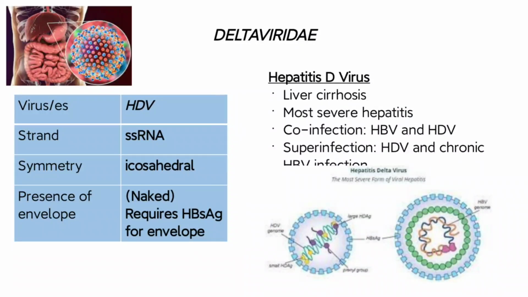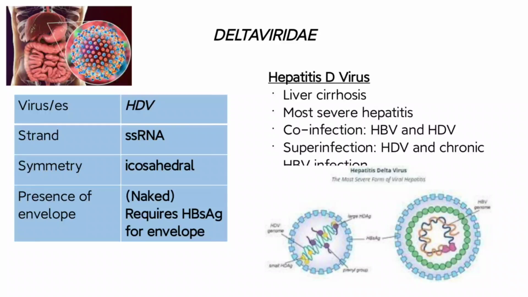And lastly, sa ating class 5, we have the hepatitis D virus or yung sa family of Deltaviridae. So, HDV, okay, or the hepatitis D virus, single-stranded RNA, icosahedral, naked. So, naked siya originally, pero it requires the Hepa B surface antigen for the envelope. Okay?